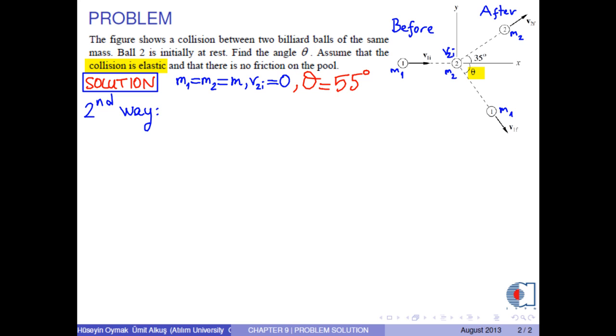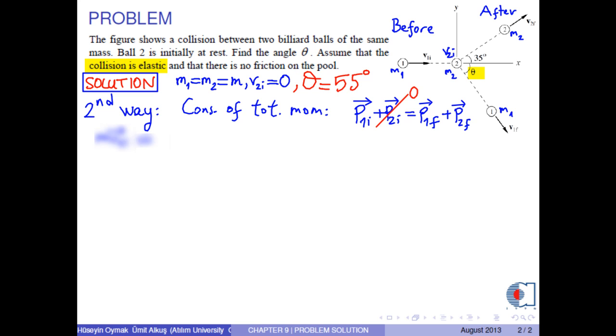An easy but somewhat advanced solution is the following. If we use the conservation of total momentum, since initial momentum of ball 2 is 0, we obtain m times v1i equals m times v1f plus m times v2f.